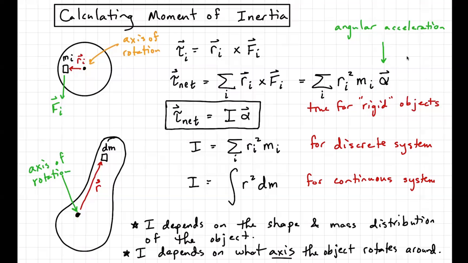This is an arbitrary shape, arbitrary axis of rotation. Now, instead of thinking about a bunch of discrete m sub i's, I'm going to think about a continuous distribution of infinitesimally small masses dm. And each dm has a certain position relative to the axis of rotation given by the r vector. So when I write this integral expression right here, I've got a bunch of little masses. dm represents a tiny mass that's part of the system or the object.